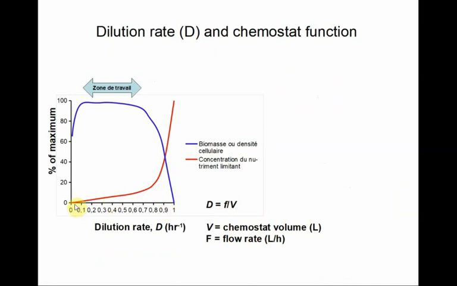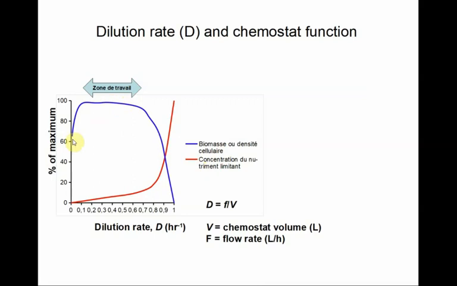So if you try running a chemostat with different flow rates, on different dilution rates rather, then you can look at the biomass that you get coming out of the chemostat, and you can look at the concentration of whatever nutrient is limiting. And you get these two kind of curves. What you want to do is to run your chemostat at a flow rate or dilution rate which will keep your biomass production near the maximum.